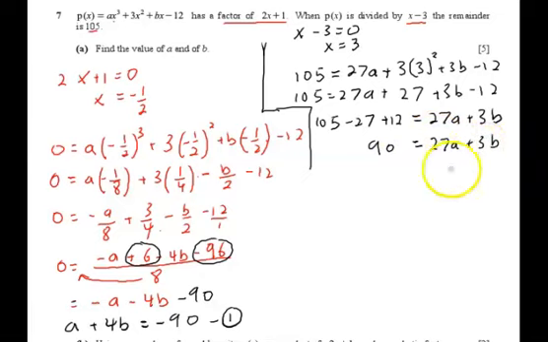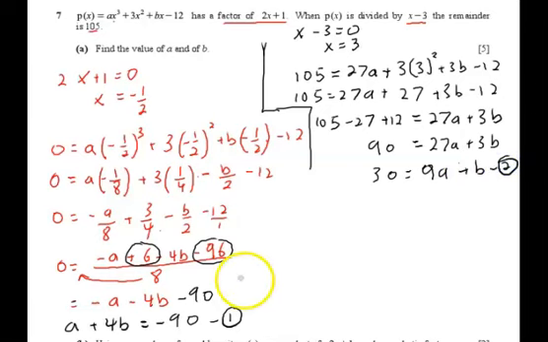Now, to simplify this equation, we can divide all by 3. So you'll be getting 30 equals 9a plus b. Okay, this is our second equation.